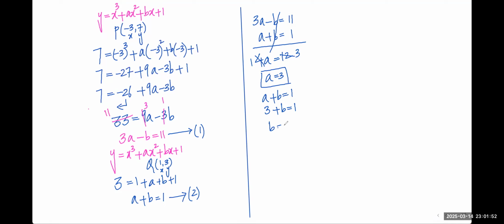After substituting a and b, our curve clearly becomes y is equal to x cube plus 3x square minus 2x plus 1. This is our curve.